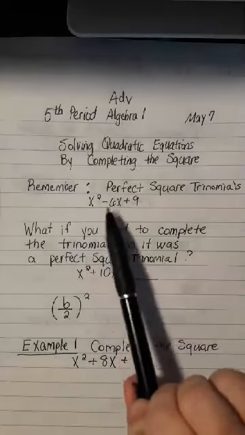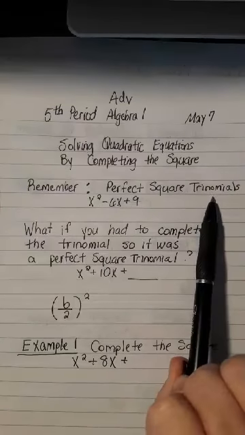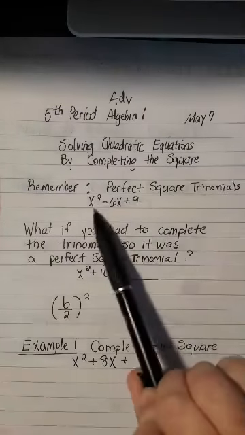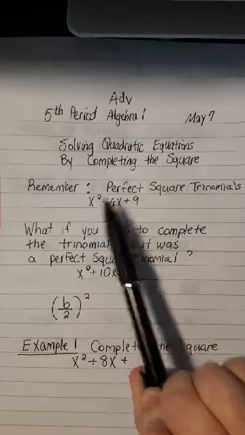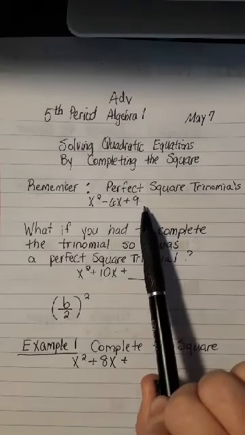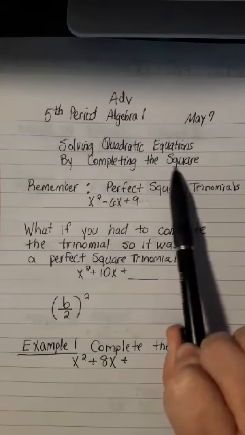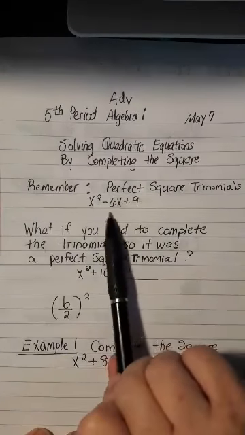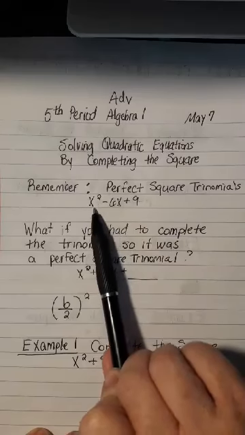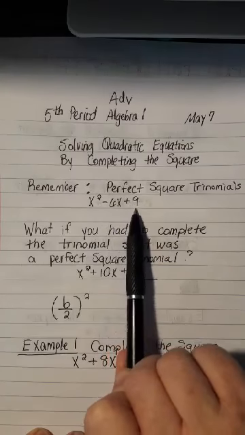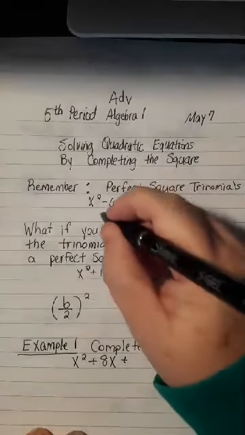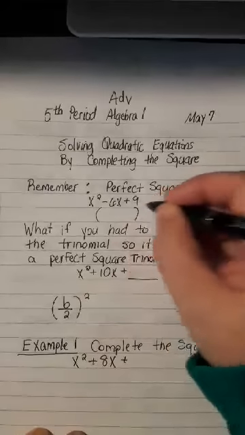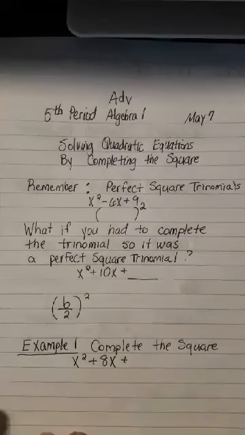First thing we want to do is remember what a perfect square trinomial is. Because we're going to be working with trinomials, quadratics, and these are perfect squares, that's why it's called completing the square. Remember, when we were factoring these kinds of problems, if this was a perfect square at the beginning and this was a perfect square at the end, we factored it into one binomial to the second power.